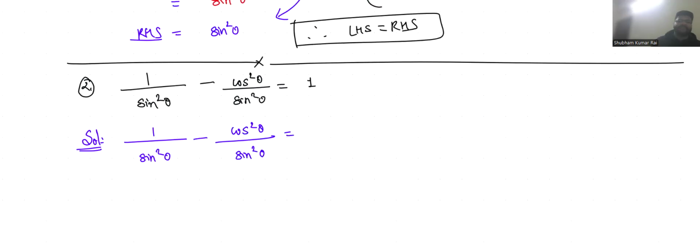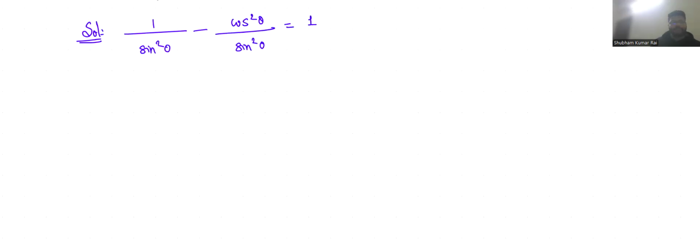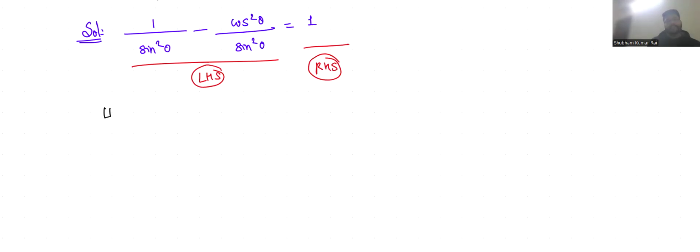Now we see that there are two sides: this is your left hand side and this is your right hand side. We will consider the left hand side first. So here we have 1 upon sine square theta minus cos square theta upon sine square theta.